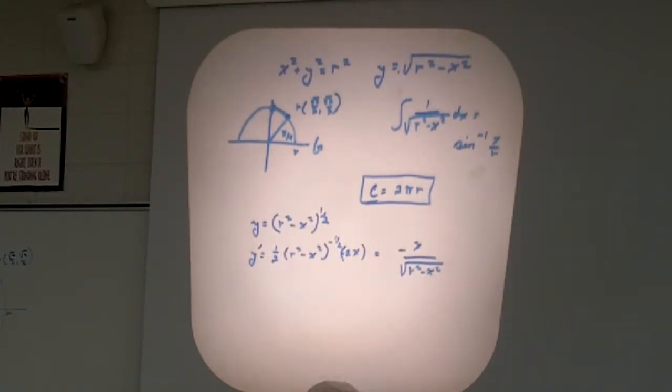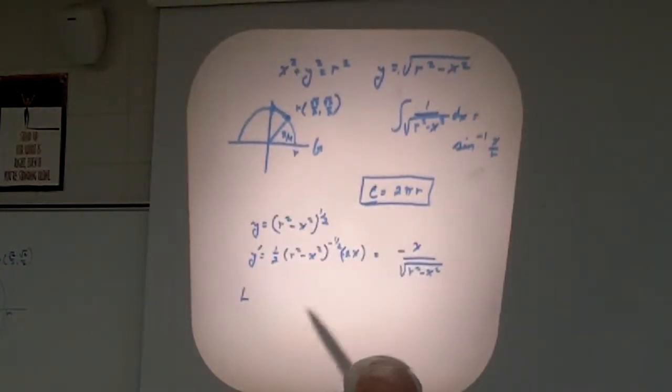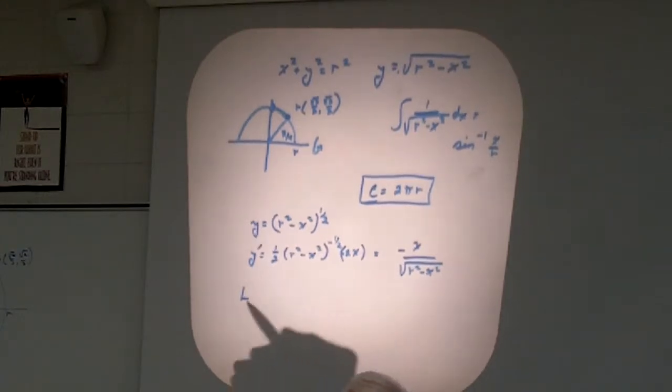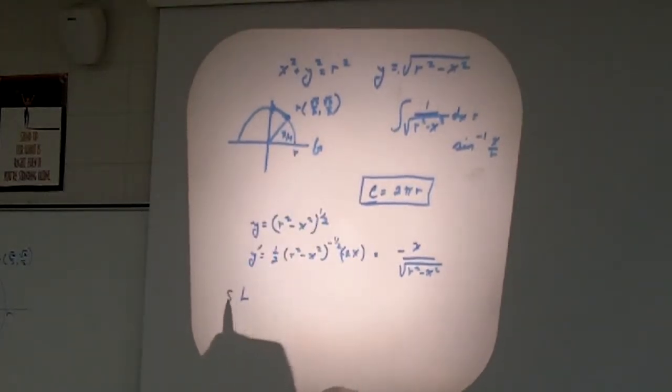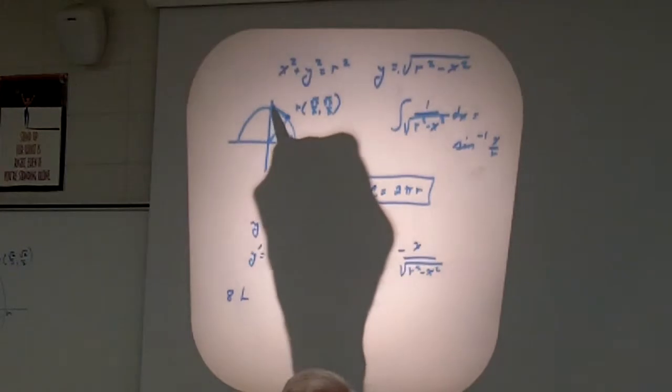Okay, now we're ready to get to work. Here is the length, and that's going to be from here to here, and that's going to give me 1/8 of it, right? So if I go 8 times this, because I'm going 1/8 of the way around the circle, I'm going to go from here to here.